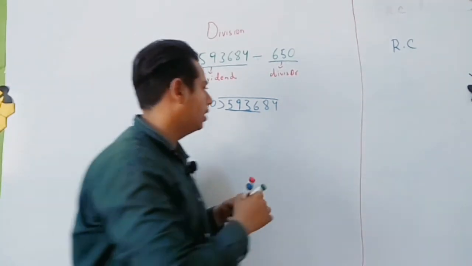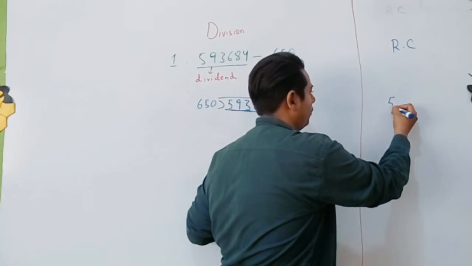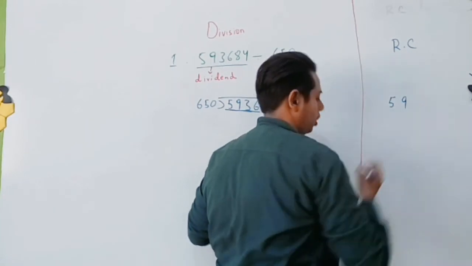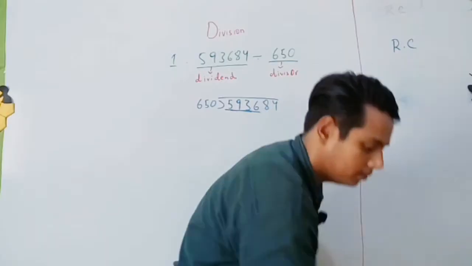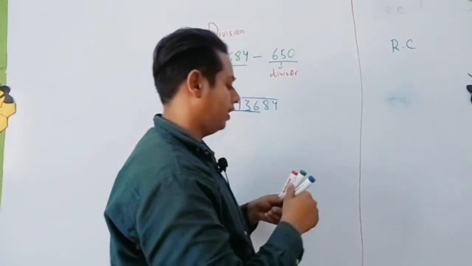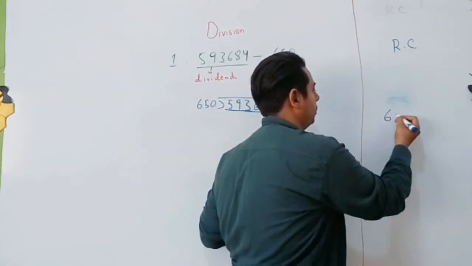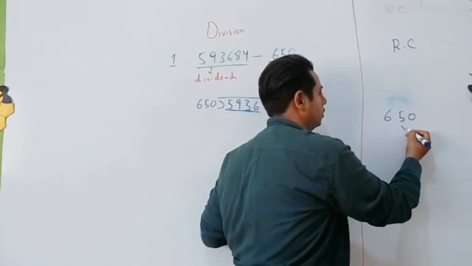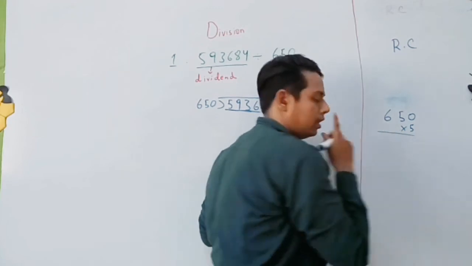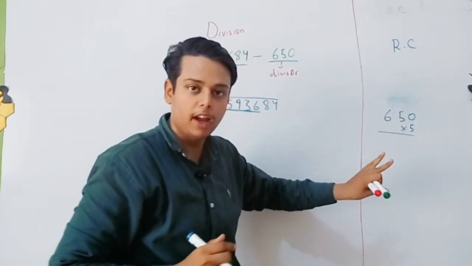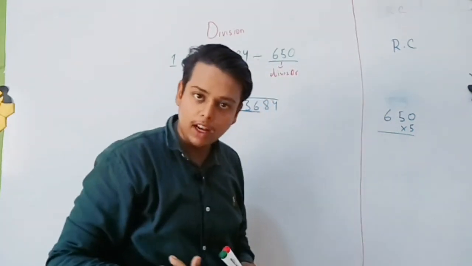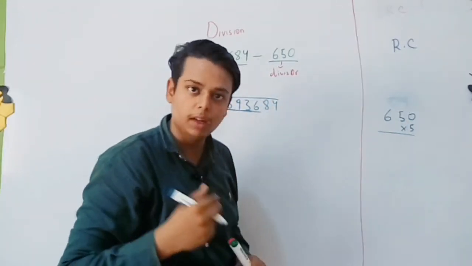So what I have to do, I have to multiply 650. So I am multiplying 650 with 5 first. It's up to you with which number you are multiplying. I am using 5 over there.